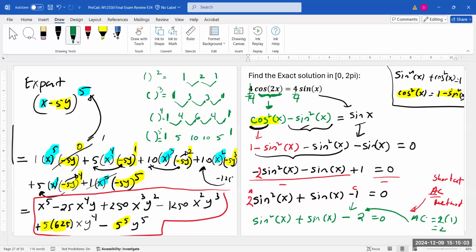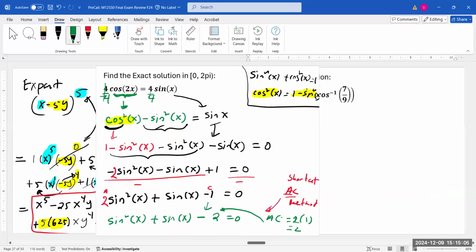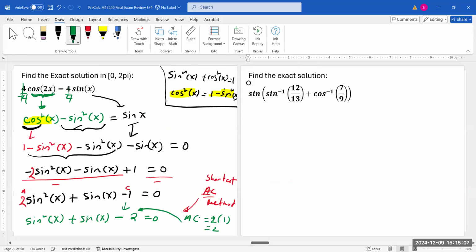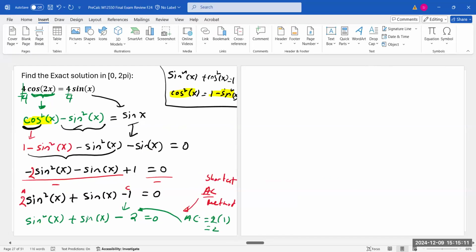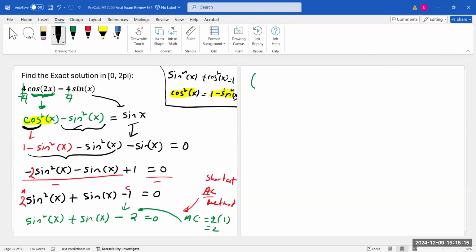And now factor, just like normal factoring. We know two numbers multiplied to 2 and combined to 1 give us 2 and 1. So we have sine x plus 2 and sine x minus 1. So two numbers multiplied to negative 2 and combined to positive 1.